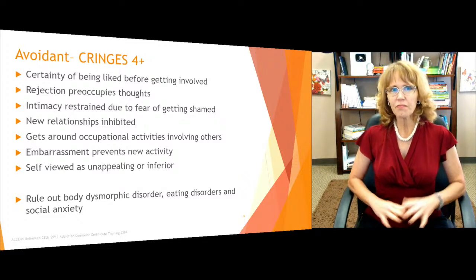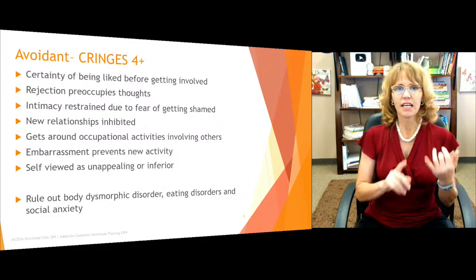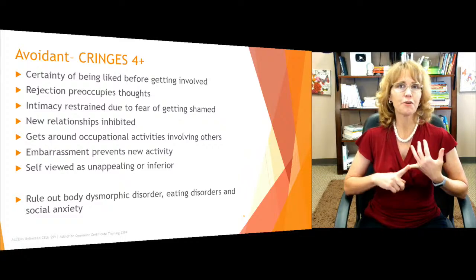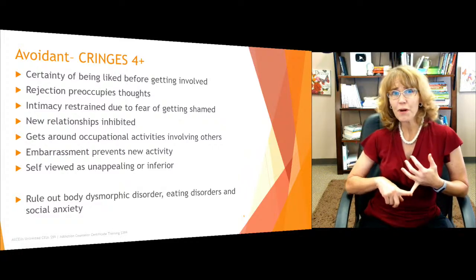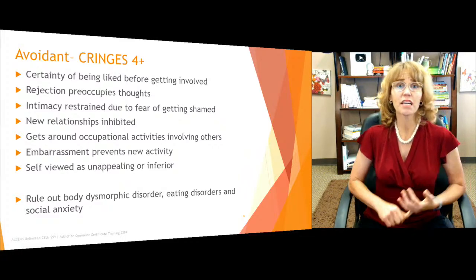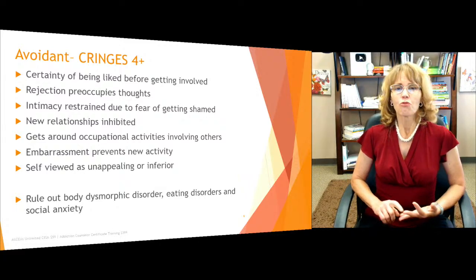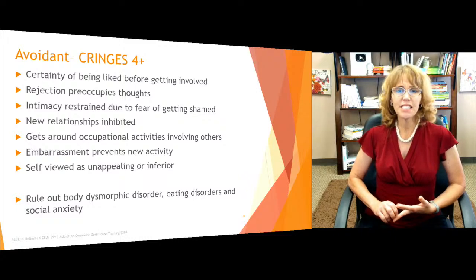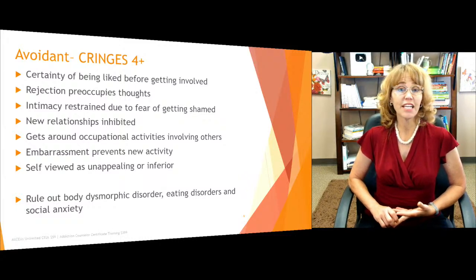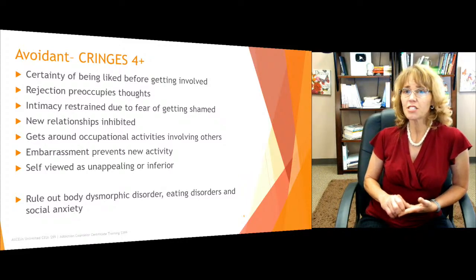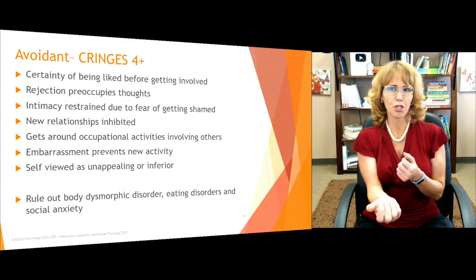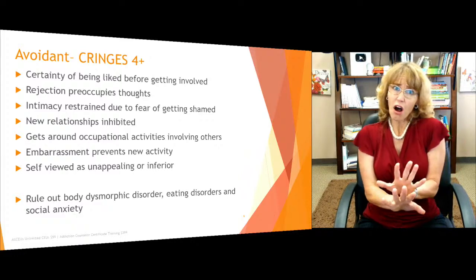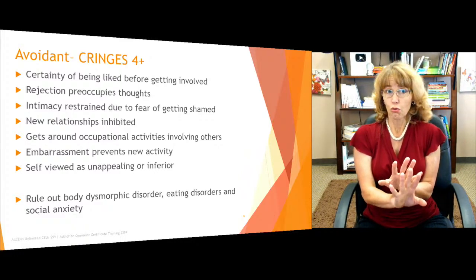However, avoidant, CRINGES, stands for certainty of being liked before getting involved. So this person is not going to take a lot of risks. Rejection preoccupies their thoughts. Intimacy is restrained due to fear of getting shamed. New relationships are inhibited, so even if they get into a relationship and start to get involved, they're often going to be very withdrawn.